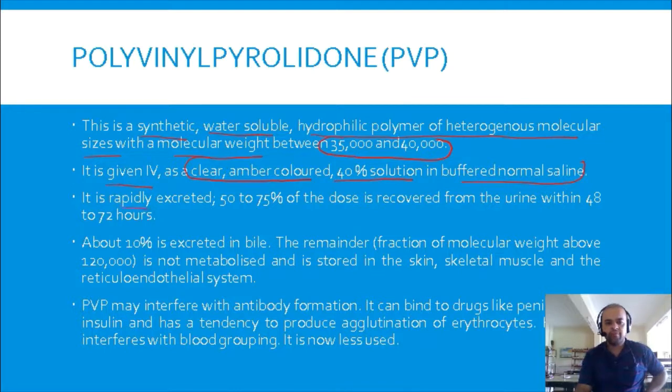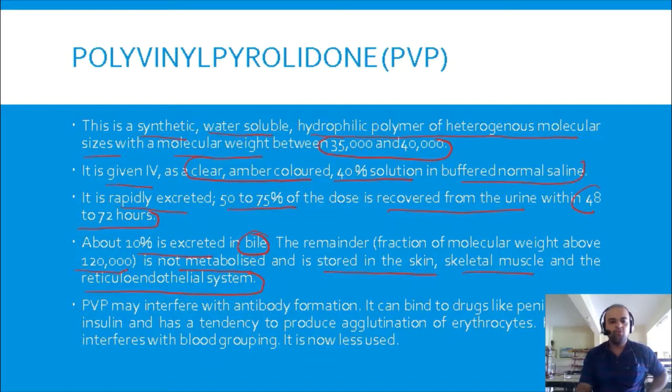It is rapidly excreted: 50 to 75% of it is recovered from the urine within 48 to 72 hours. About 10% is excreted in bile. The remainder, that is, the fraction of molecular weight above 120,000, is not metabolized and is stored in the skin, skeletal muscle, as well as in the reticuloendothelial system.